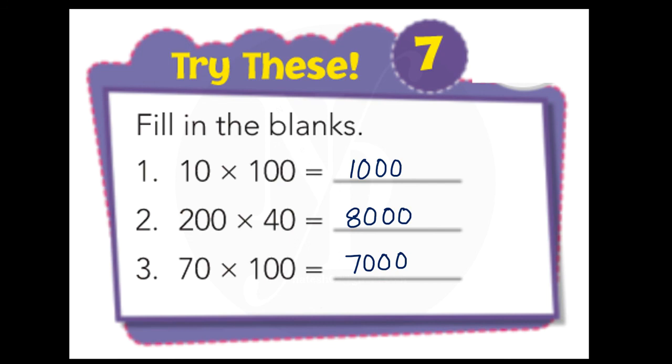So I think you're understanding how to multiply any number with the number which is having zeros. There may be 1 zero, 2 zeros, 3 zeros, 4 zeros, or any number of zeros.